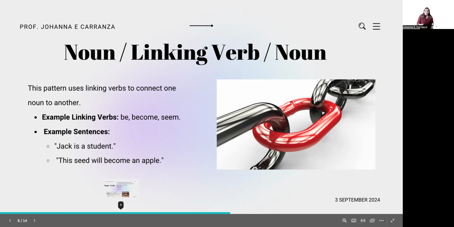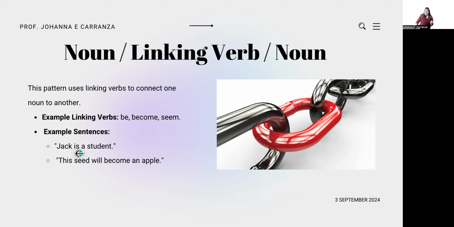So for example, Jack is a student. The linking verb is is, and it's linking Jack and the noun, which is a student, right? And then, this seed will become an apple. So will become is the linking verb of this sentence.